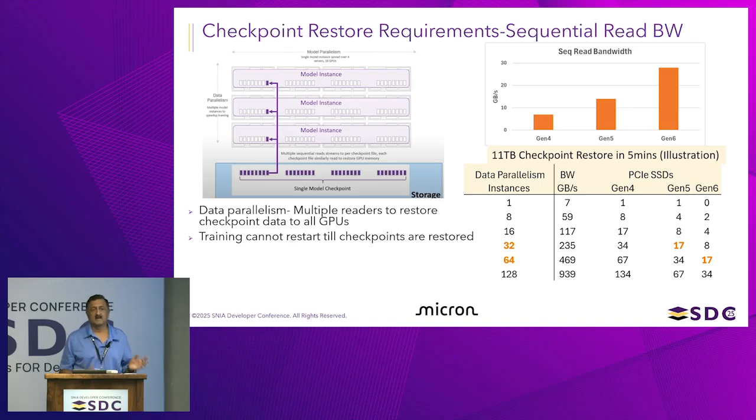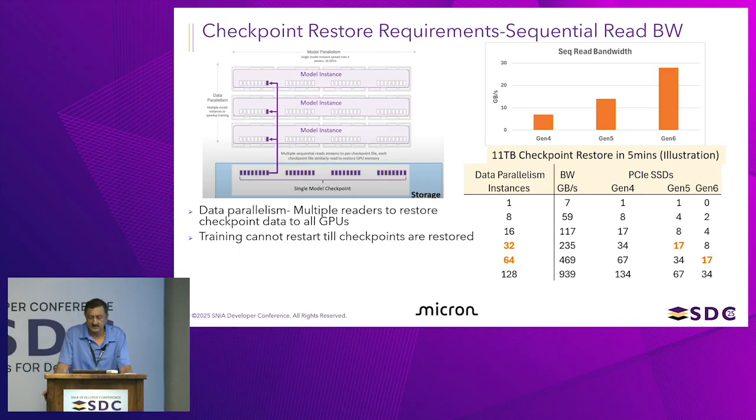So that same 11 terabyte checkpoint that we talked about, if we take an example of saying I want to complete that restore in 5 minutes, obviously as you increase your parallelism instances, the bandwidth required to complete that and the number of checkpoint restore readers you need would change.